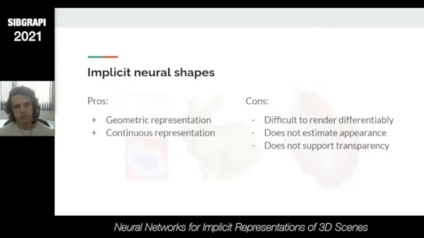But more than that, even if you have some sort of material or lighting representation, you can't encode transparencies, because the implicit surface representation is very binary. You either have a surface at a point or you don't, and you can't have transparent surfaces, because you couldn't represent that using this very binary decision that you have to make when you have a surface built on top of a function as a level set.